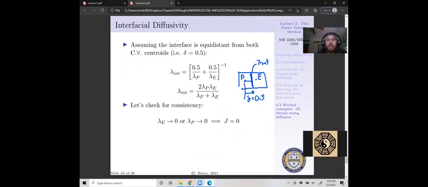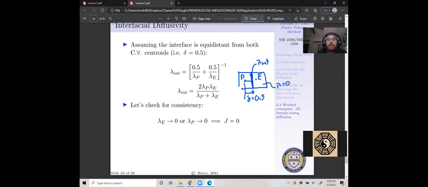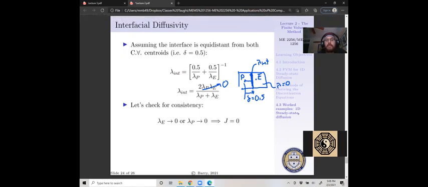In such a way that at our interface, we'd have 2 lambda P lambda E. If lambda E was equal to 0, that we have a perfect insulator, this drops out. And we don't have a divide by 0 error. Vice versa, if lambda P is our insulator, this goes to 0.